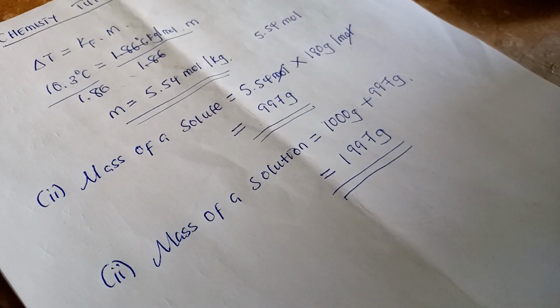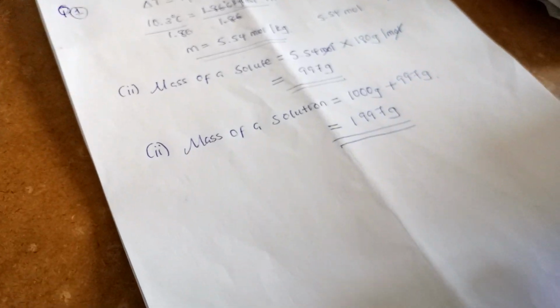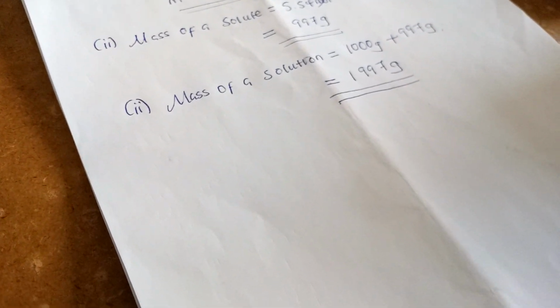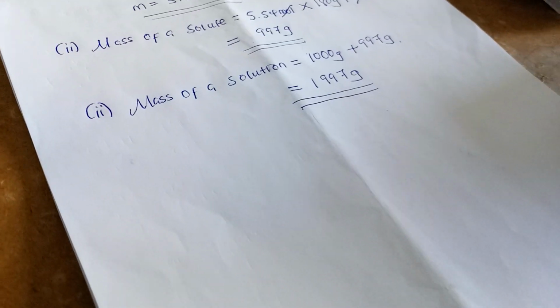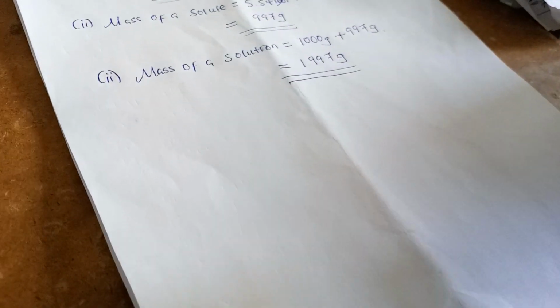This is amazing. So now let's go on to find the volume, because we know that molarity is the number of moles over volume. Concentration is equal to number of moles over volume, so molarity is just the same as concentration.